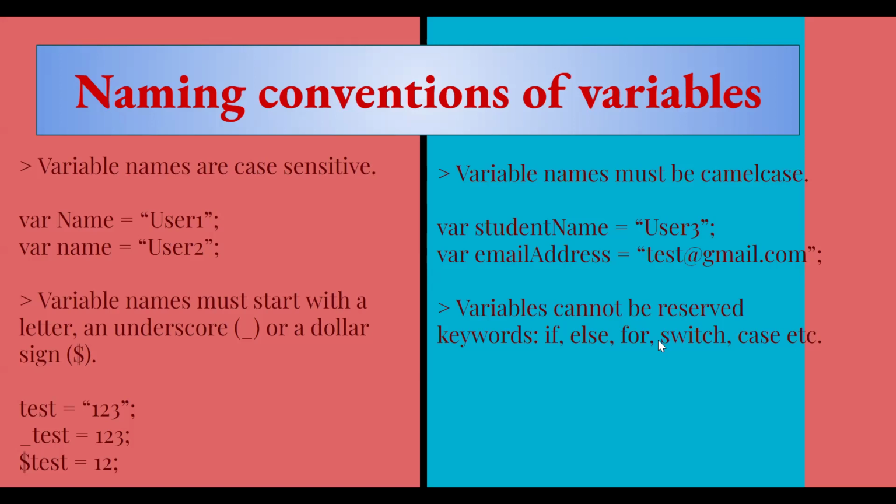For example, student name is a variable. First letter S will be small in student, then N will be capital from name. Similarly, for email address, E will be small and A of address will be capital. Variables cannot be same as reserved keywords such as if, else, for, switch, case, etc.